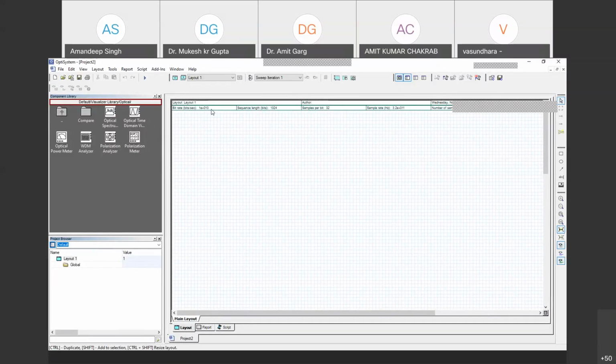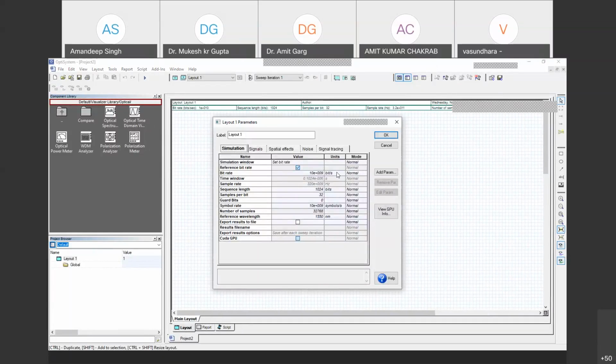These are the parameters I was talking about. So let me first of all tell you how you can set up the parameters. For that, this should be this, because we will be working at 40 Gb per second bitrate.